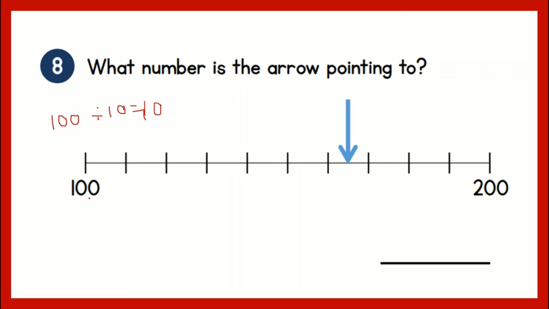So 100 plus 10 is 110, plus 10, 120, plus 10, 130. And if we keep going, we can get up to the arrow. So 140, 150, 160, 170, 180, and 190.